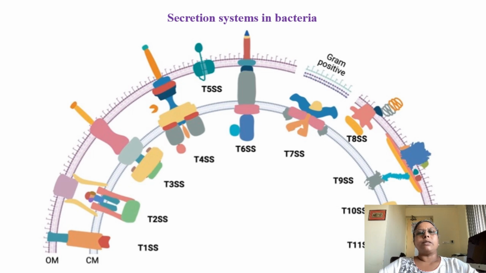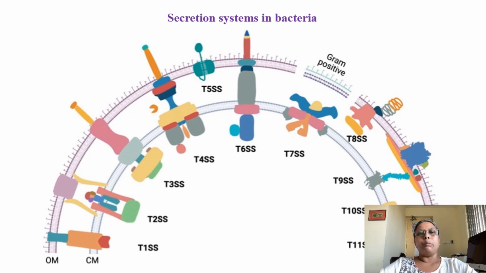These proteins cross the inner membrane with the help of either the SEC or the TAT secretion pathways and are then transported across the outer membrane using a second secretion system. The type 2 secretion system and the type 5 secretion system secrete proteins in this manner.